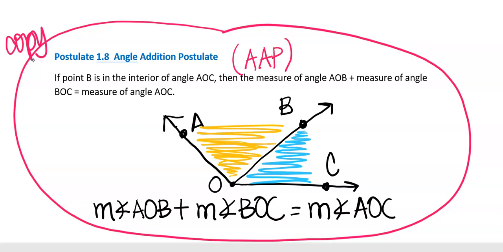If point B is on the interior of angle AOC, that just means inside, then the measure of angle AOB plus the measure of angle BOC equals the measure of angle AOC. I wrote that out in words, and also using the letters and the picture. So basically it's the yellow part plus the blue part, and that equals the whole entire angle. It's kind of like the segment addition postulate that we did earlier.